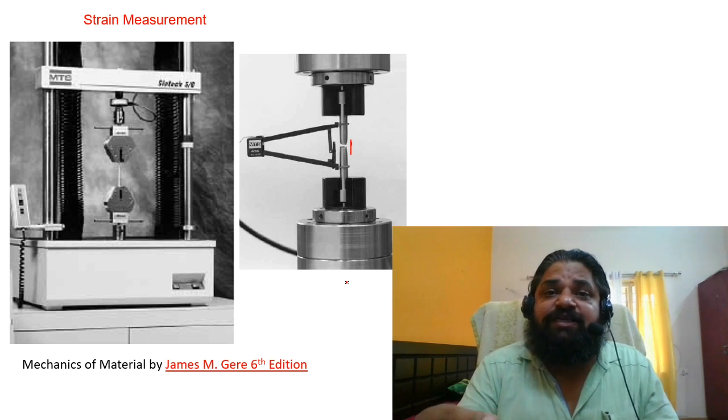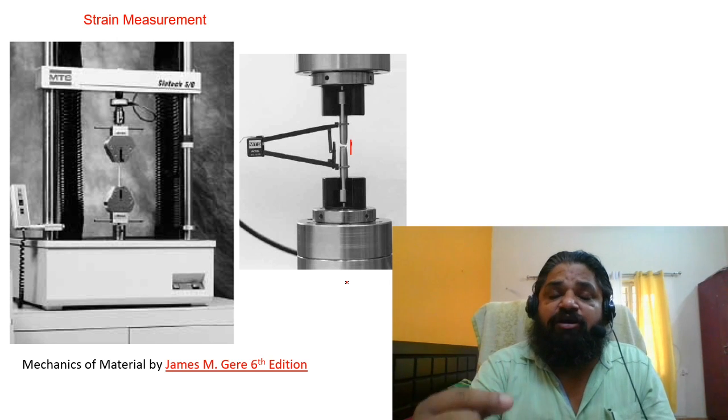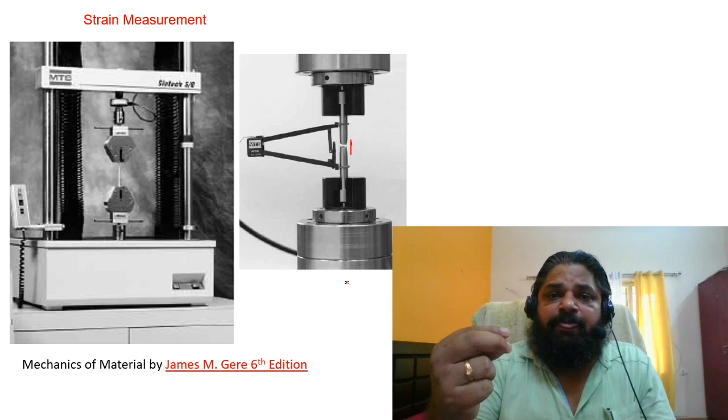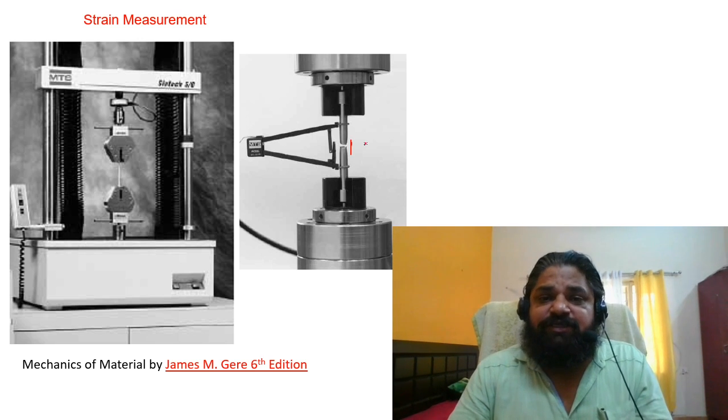Strain is a very fundamental quantity which we can easily see with the naked eye. If some deformation occurs, we can see it easily, but what external force is applied, what stress, what internal resistive force is generating, we may not be able to see.